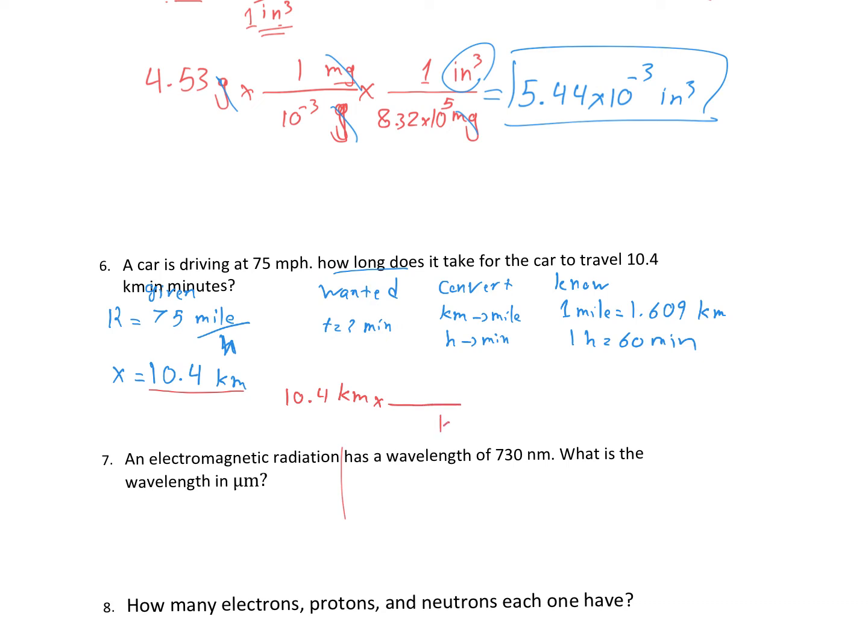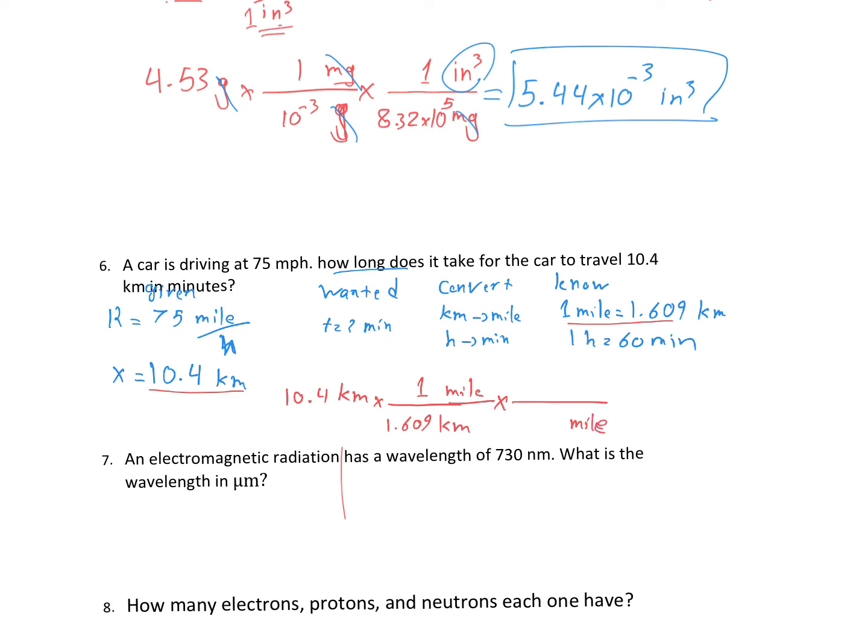Okay, so I put kilometer here and mile on top, and from the equality here I know that 1 mile is 1.609 kilometer. Okay, so from mile, I have it on top, I have to cancel it, so I put it on here.